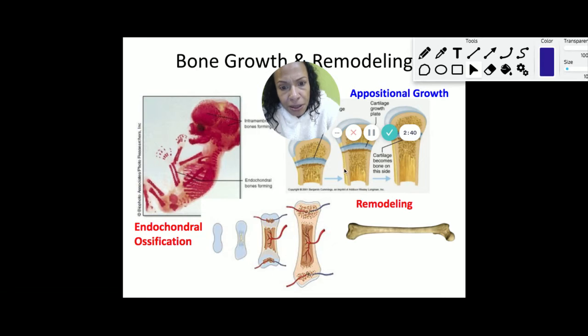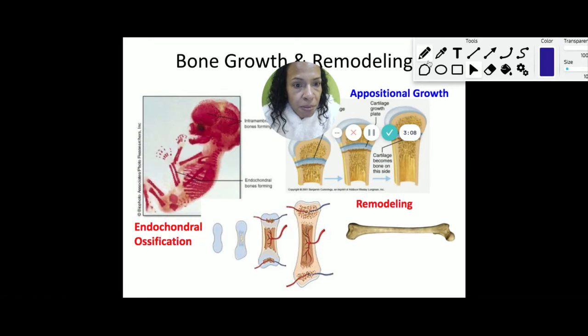They're also doing this along their width and making the bone wider, thus the term appositional. So appositional is like oppositional in that you're growing in length and in width. And we have to do a tricky thing, which is to maintain the proportions of the cavities and epiphyses. And so that creates a need for a dual purpose set of cells.